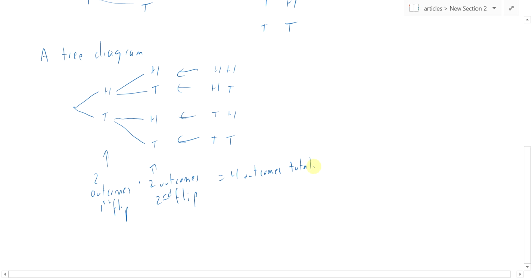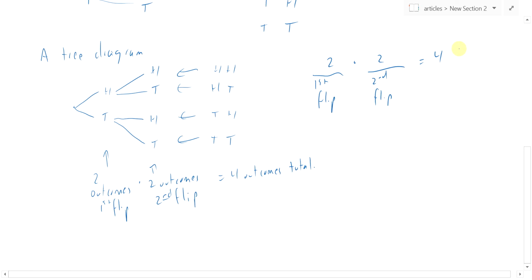Right? And so that's the other way to think about counting the number of outcomes that you get from a sequence of actions. 2 choices on the first flip, 2 choices on the second flip, 4 choices total, 4 possible outcomes.